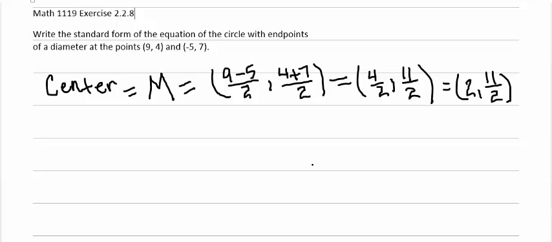So that's actually the center of my circle. Another thing that I need to find out is the radius of the circle. The distance from the center to either one of these endpoints will be the radius.